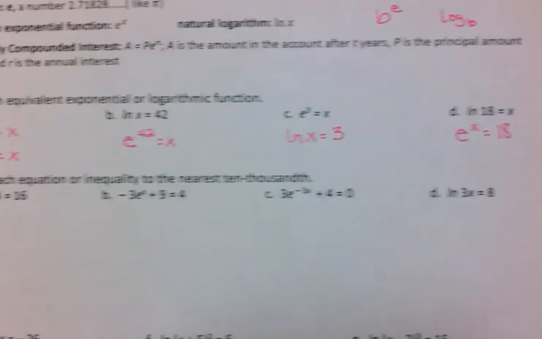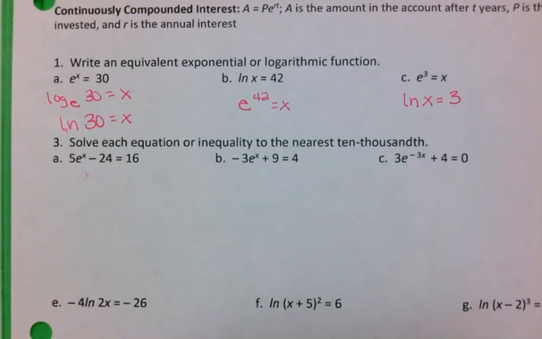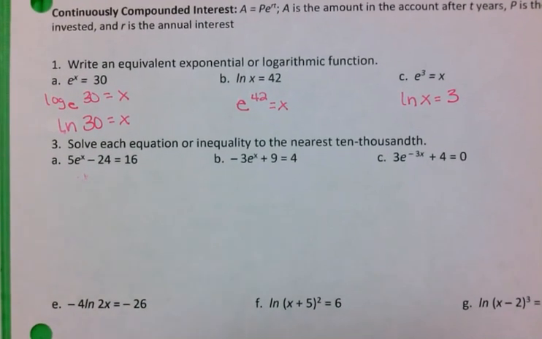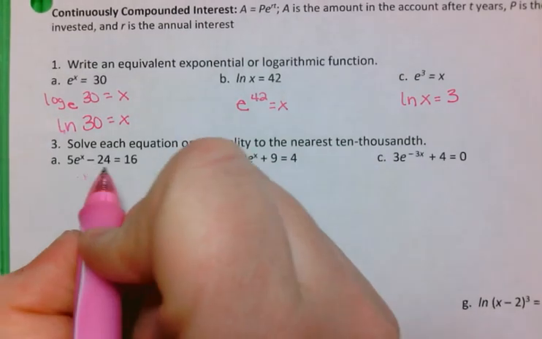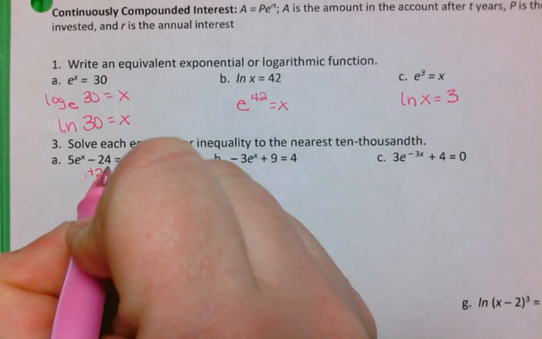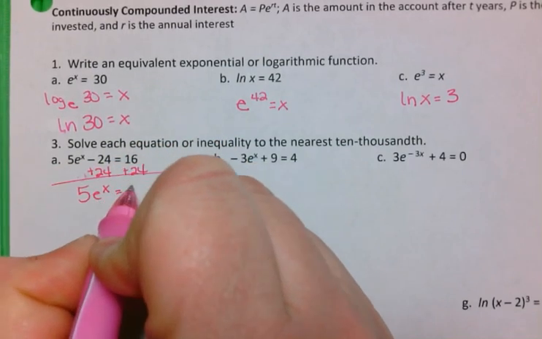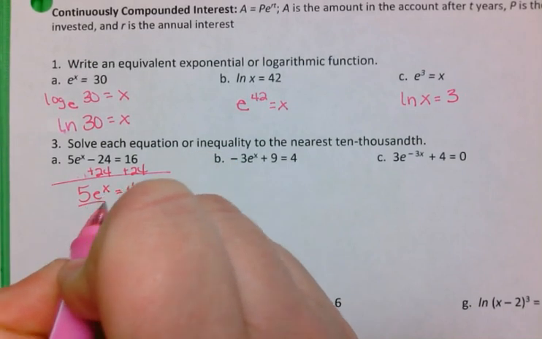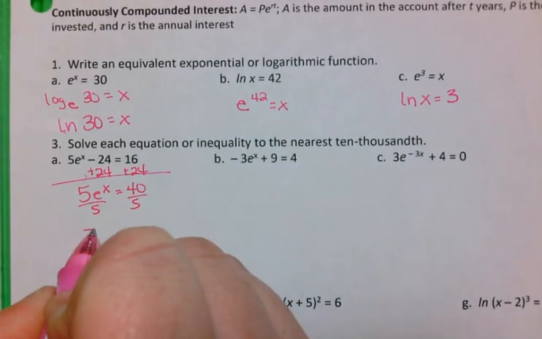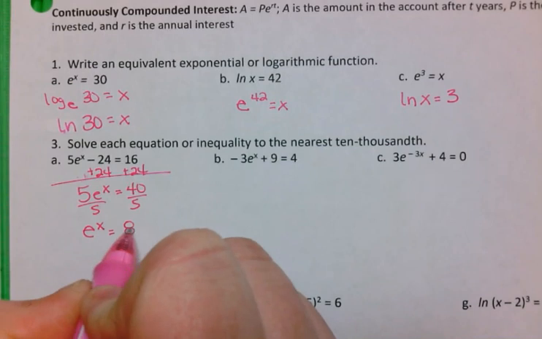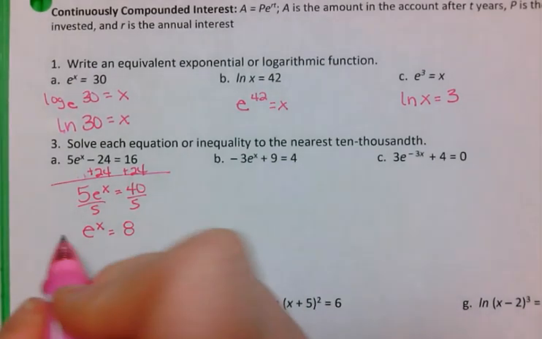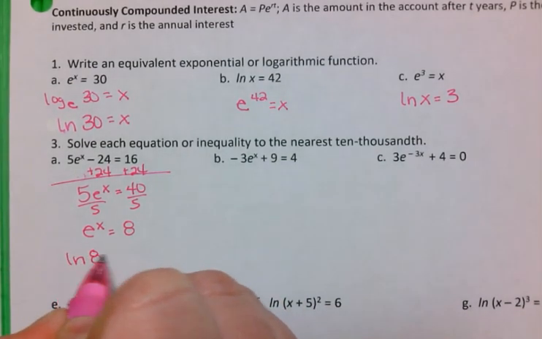Alright, so to start solving these, I do not know how these letters line up with yours, so you'll have to make sure you line up each example. First, add 24 over. 5 e to the x equals 40. Divide by 5. e to the what equals 8. Rewrite it: ln of answer equals x.